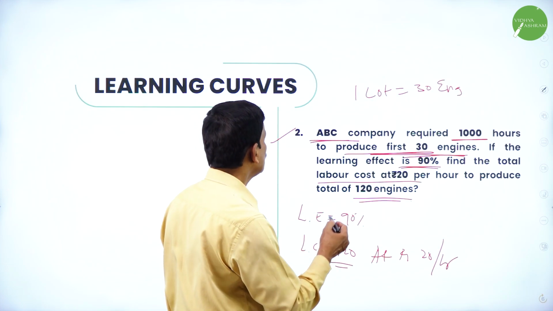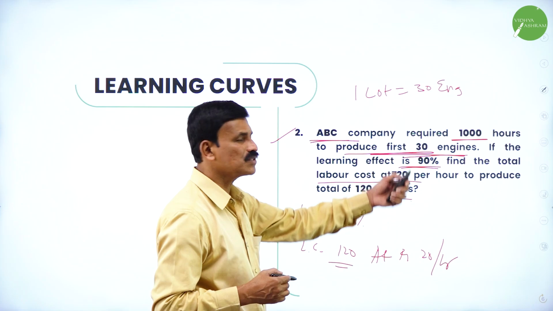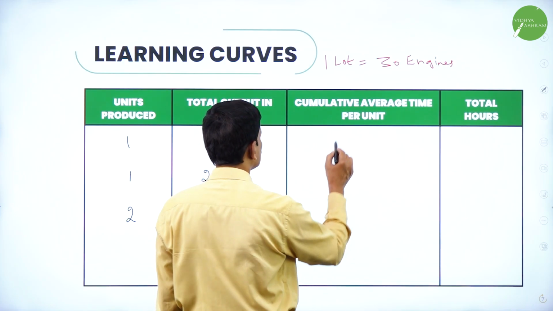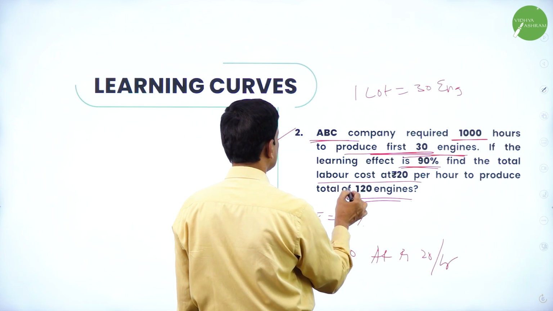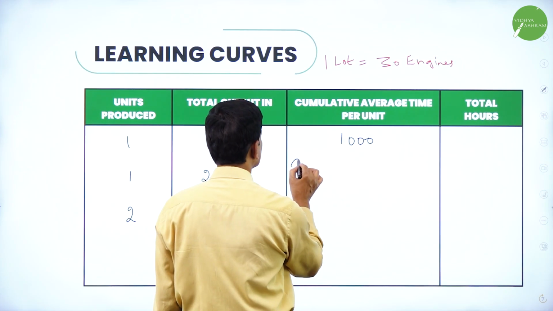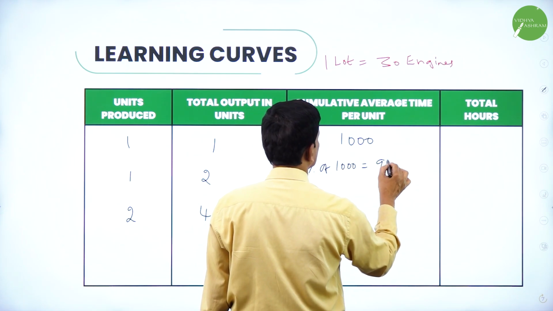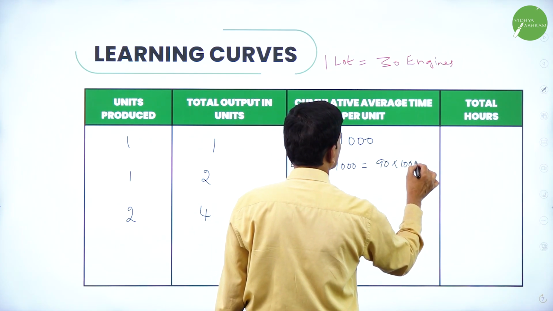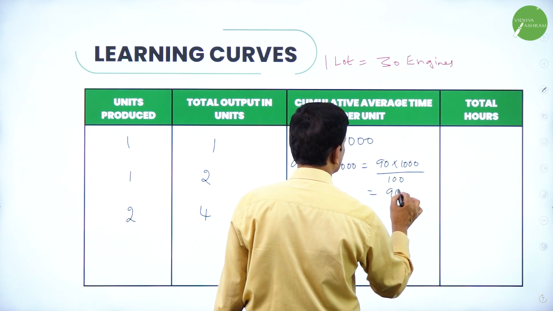Initially, 1 unit, which is 30 engines, requires 1000 hours. Now, the learning effect is 90%. 90% of 1000 is equal to 90 into 1000 divided by 100, which is 900.